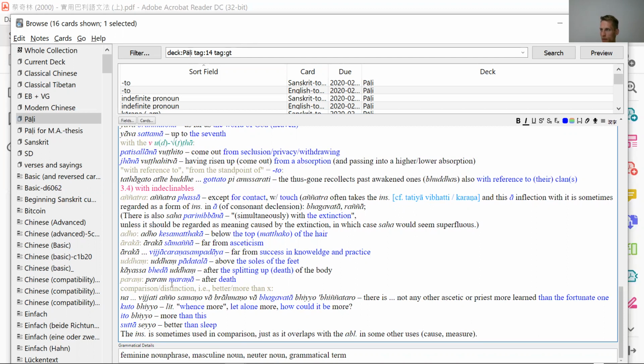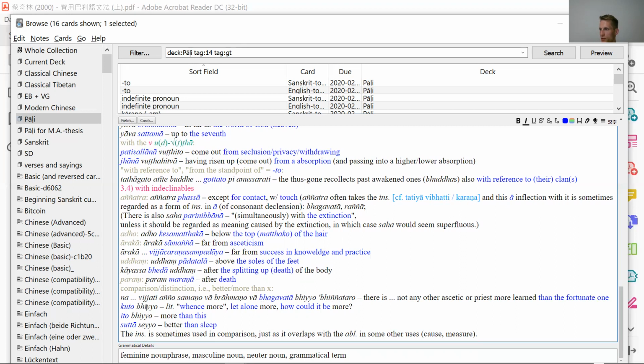With Param Marana, after Param, death, Marana, and even in comparison or distinction, better or more than X, Navichati, Anyo Samano Va, Anyo Samano Va, Brahmano Va, Bhagavata Bio Binyataro.